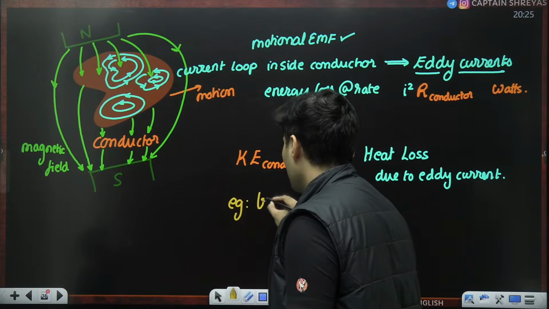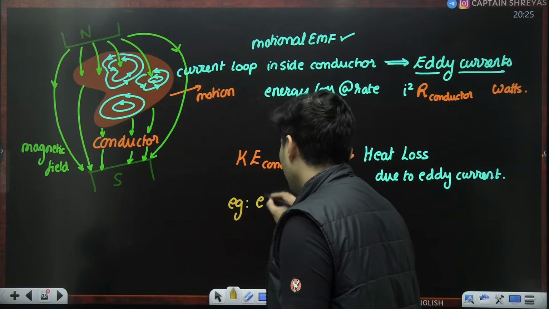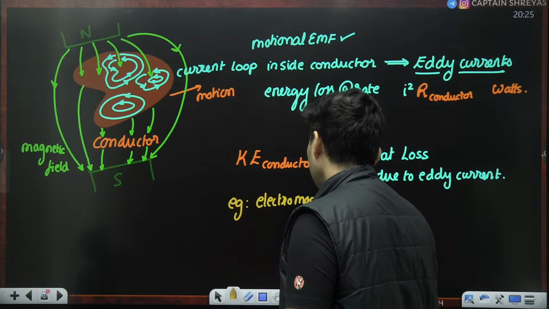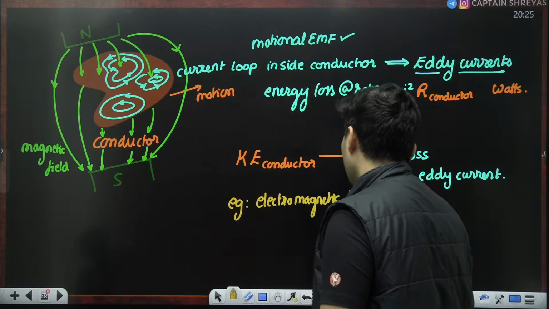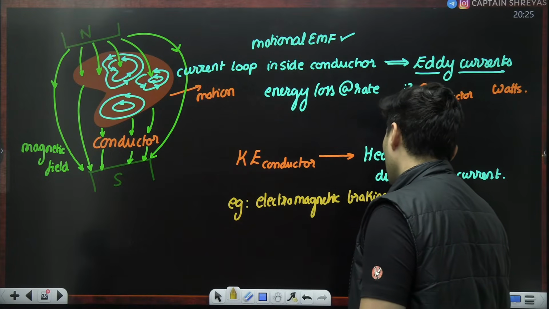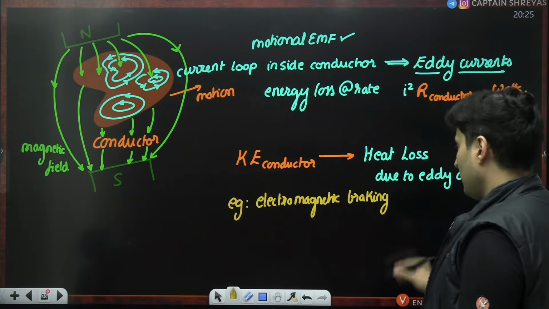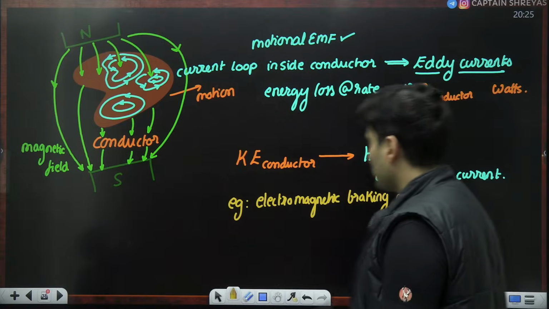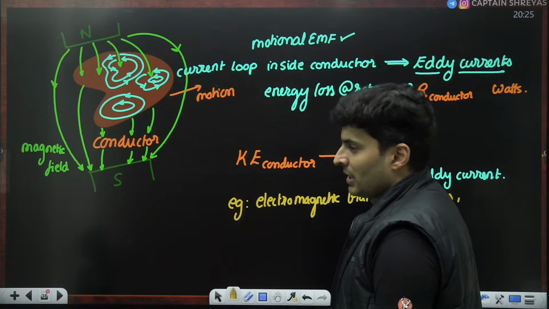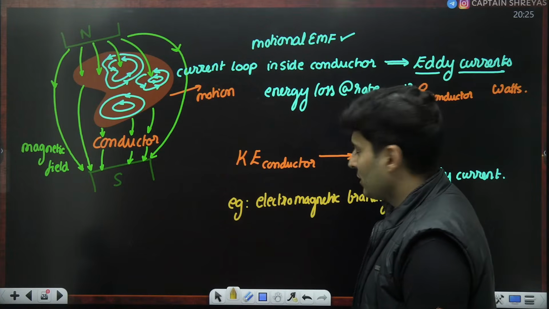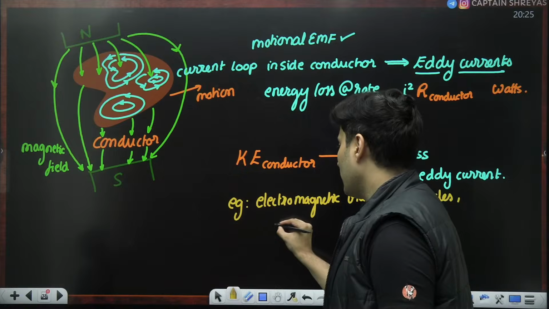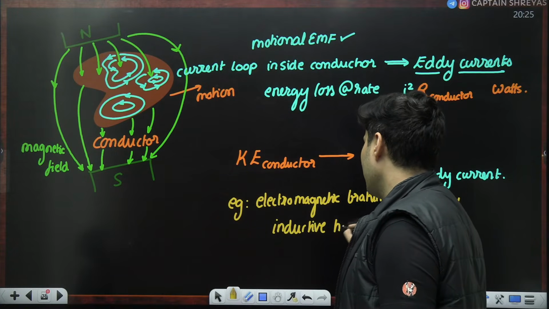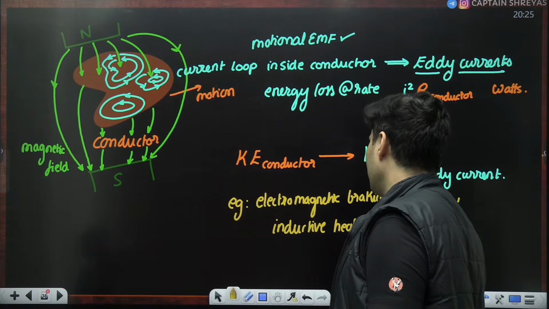So this is used for electromagnetic braking of vehicles. This concept is also used for inductive heating and all of that. So electromagnetic braking or inductive heating, all these are based on these concepts.